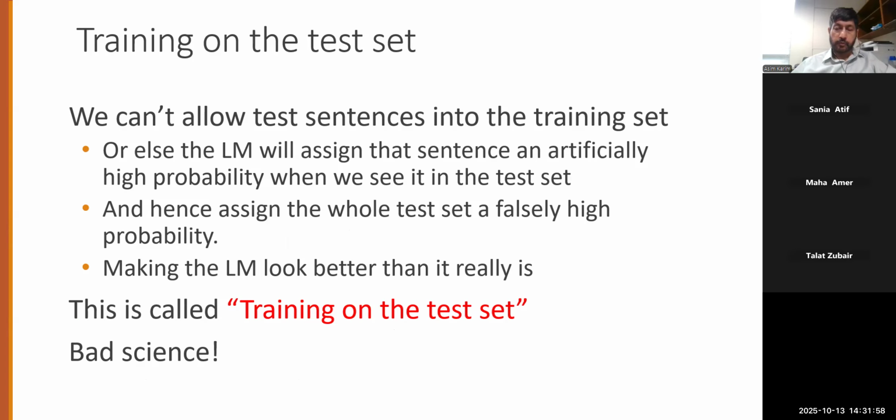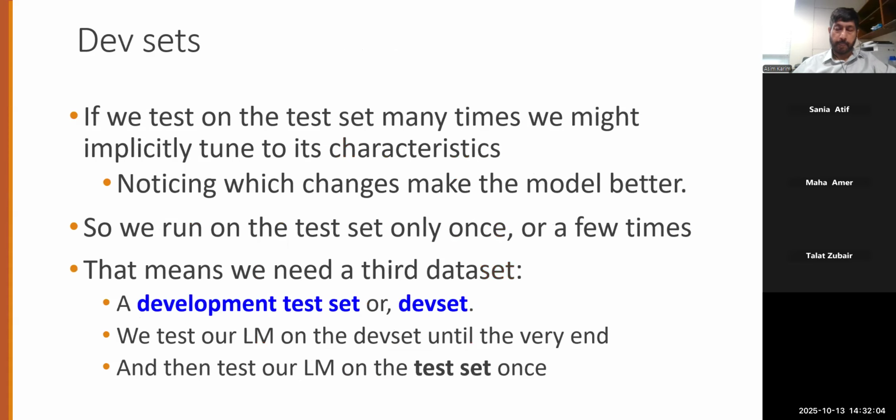And obviously, as we saw before, the test set should be different from the training sets. Otherwise, we'll be biasing the results. So sometimes you also need a development set, which is sometimes also called a validation set.